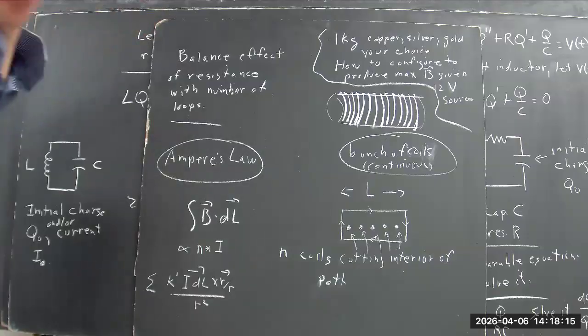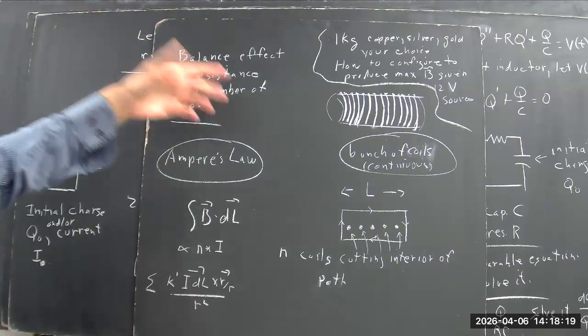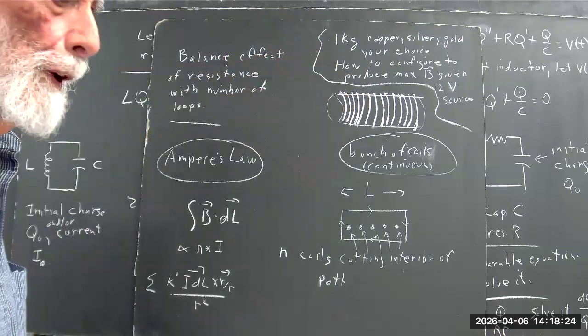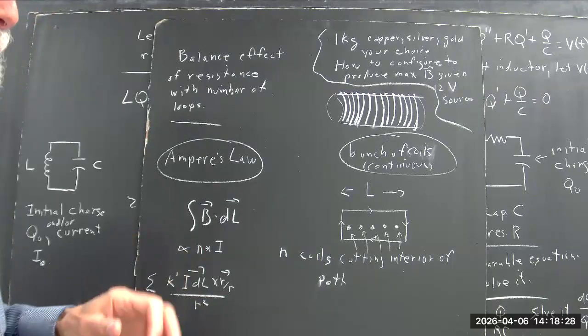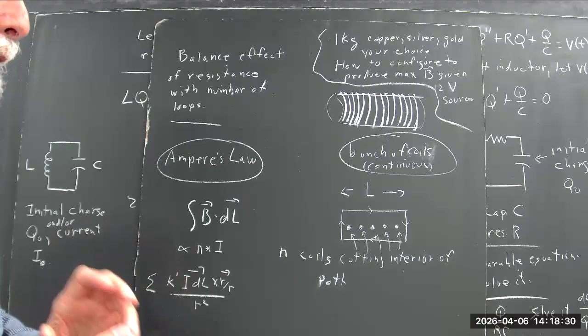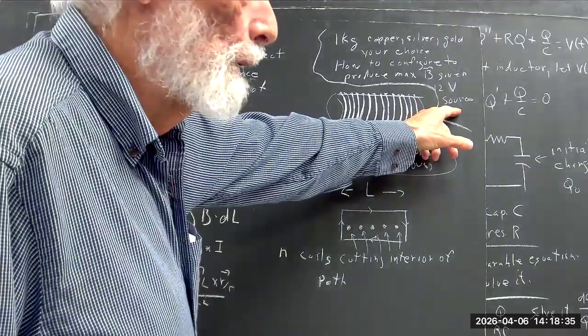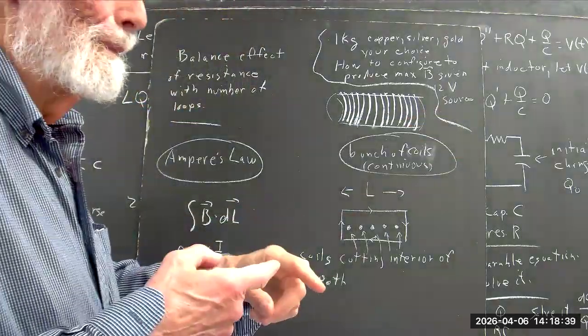The thing I'll tell you is you have to balance the effect of resistance with the number of loops. If you're making loops, you're putting this copper into loops, you got to figure out how thick do you want the copper. The thicker it is and the shorter it is, the less its resistance and the more current you're going to get from the 12-volt source. But of course, you only have that current once.